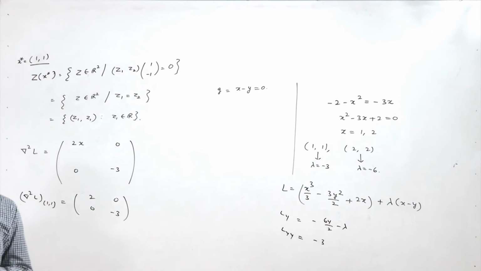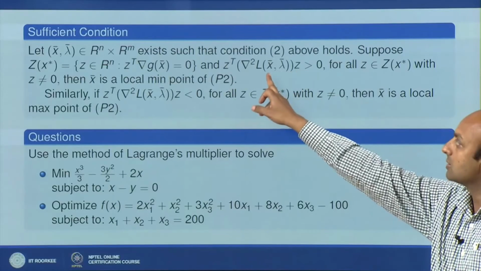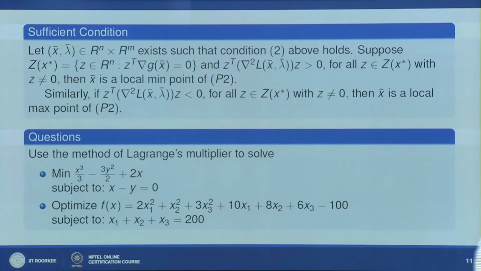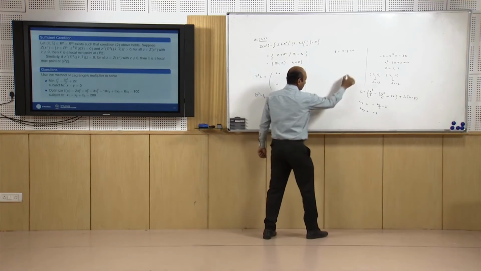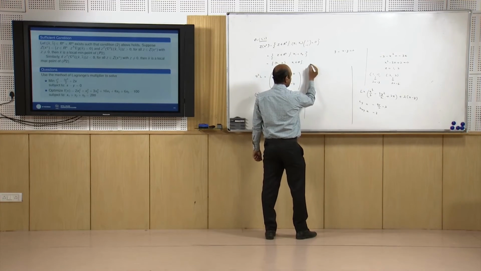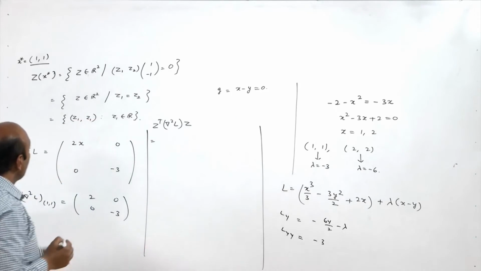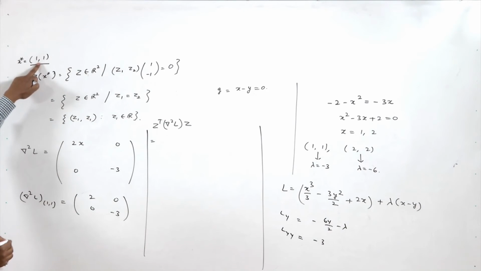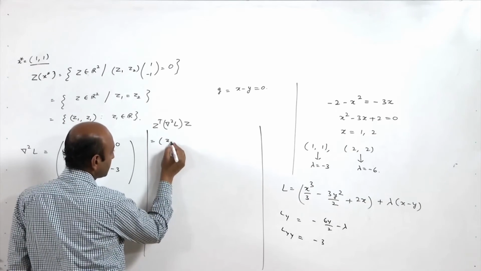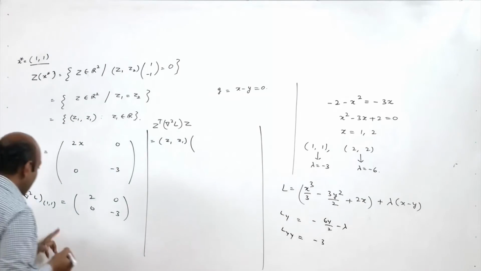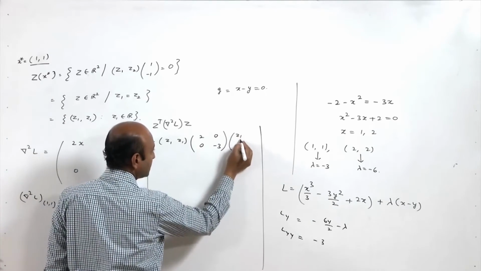Now you take Z transpose Hessian matrix of L with Z. Let us try to find this value, Z transpose gradient square of L into Z. Now for this x star, 1 comma 1, Z is Z1 Z1, and the Hessian matrix is 2 0 0 minus 3, again with Z1 Z1.